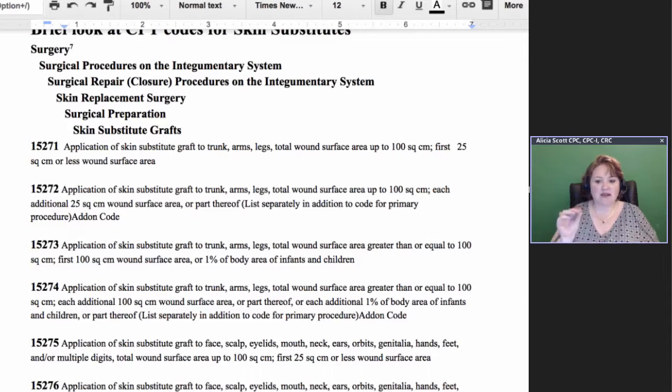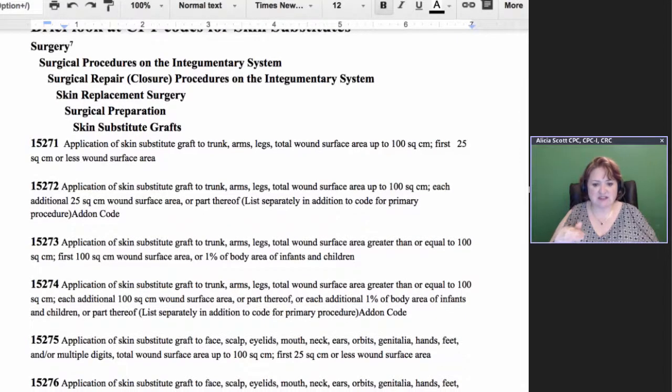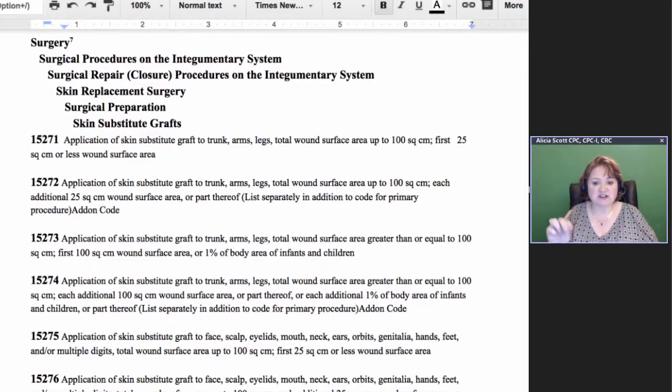Okay, but the 100 square centimeters stays the same, and it's 25 square centimeters or less, and then it changes again as we see in the last part, 1% of the body area of infants and children. That's all that little bitty tiny documentation that can mess you up when you're taking your CPC exam or another certification exam, and why bubble and highlighting is so important.